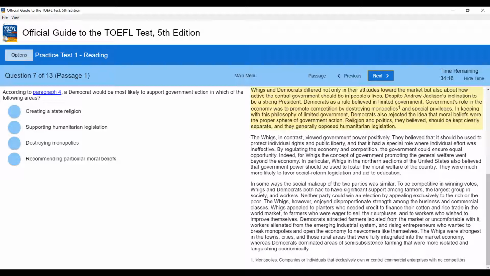And they say religion and politics should be kept clearly separate. And they generally opposed humanitarian legislation. So I'm going to look for religion and politics and humanitarian legislation as wrong choices, since they support the government. So say not humanitarian legislation, not state religion.